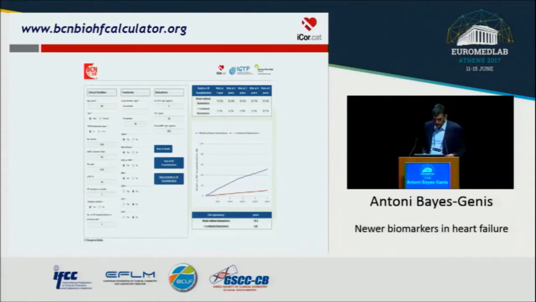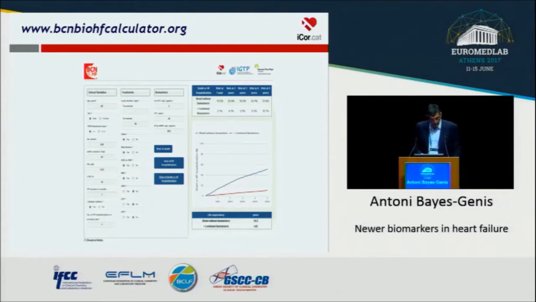So in this particular case, the patient at 1 year had a mortality risk of 13%, but when you add the biomarkers, this patient seems to be much better controlled with a risk of 2.1%. And if you go down, you also have life expectancy of this patient. So without biomarkers, the model tells you that this patient has 10 years of life expectancy. With the biomarkers, it says it's over 20 years.